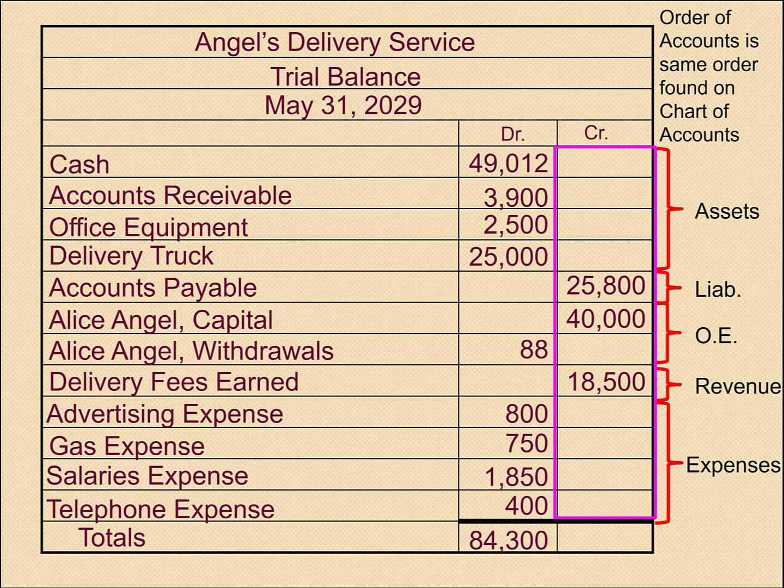And then we hope and pray, especially if this is a testing situation, that they equal the debits. And they do. So remember, for the trial balance, debits must equal credits. And then traditionally we put a double underline at the very bottom to show that we're done.